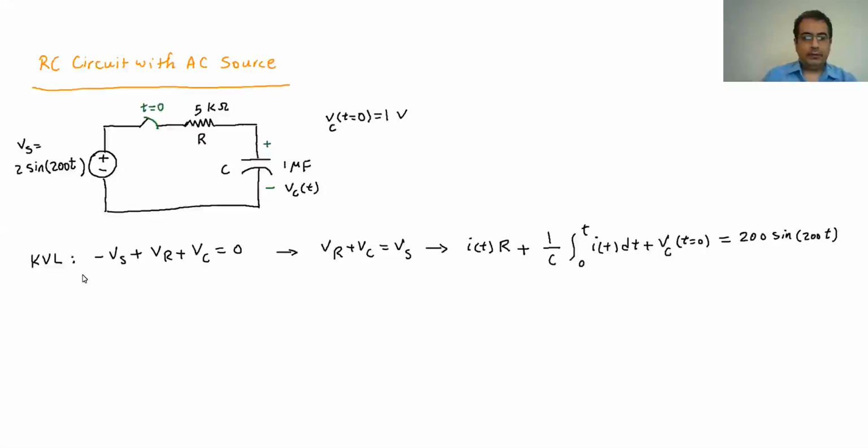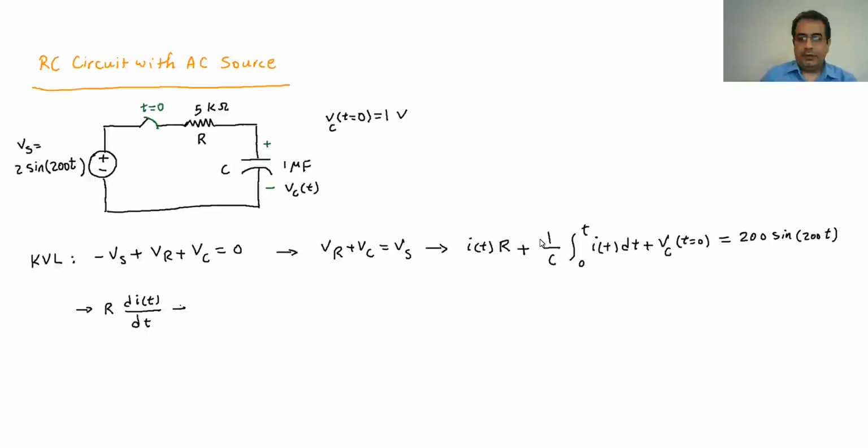So if I take the derivative of this equation, R is constant, so it's going to have R d i(t) over dt.